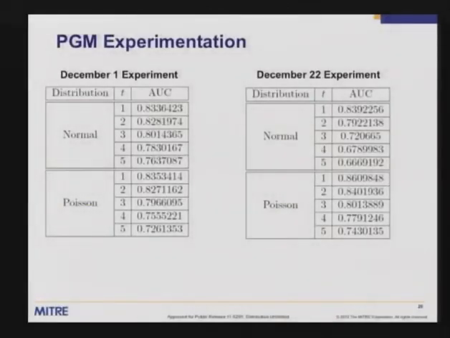If I'm looking at the December 22nd experiment on the bottom, we're seeing slightly higher area under the curves for lower thresholds, and then as you increase it, yeah. I forget exactly what the math was that drove that. That was something that Carrie and I worked on, and this is stuff we did about a year ago, so it might be just me not remembering exactly the logic behind it.